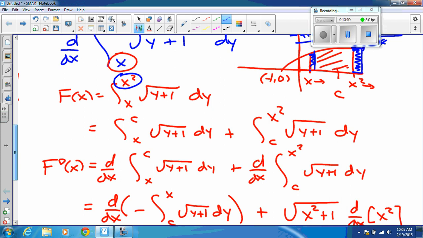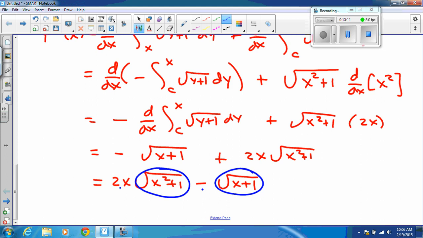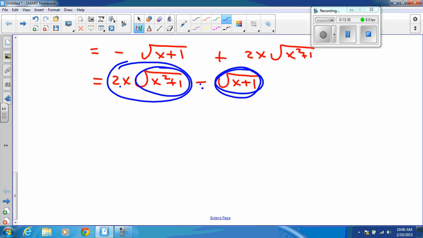And then I must subtract off any change that happens as a result of the lower limit of integration. Does that make sense? So that if I come back down here, this expression makes a whole lot more sense. This is the rate of change as a result of the upper limit changing minus the rate of change as a result of the lower limit changing. And with that logic, it becomes much easier to do these kinds of things.